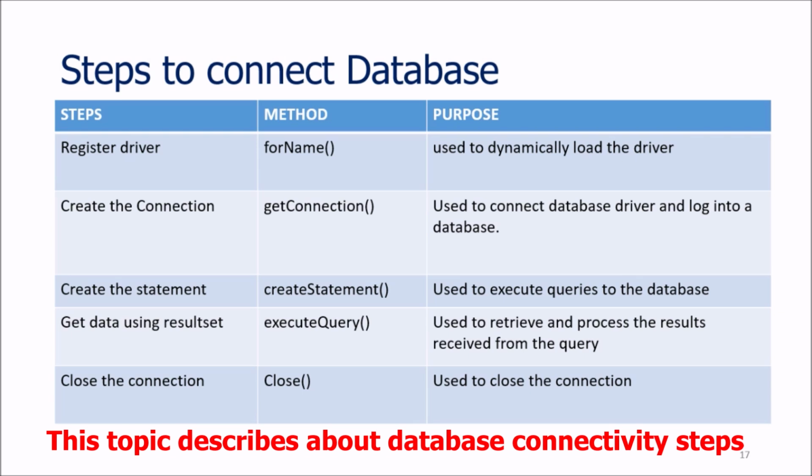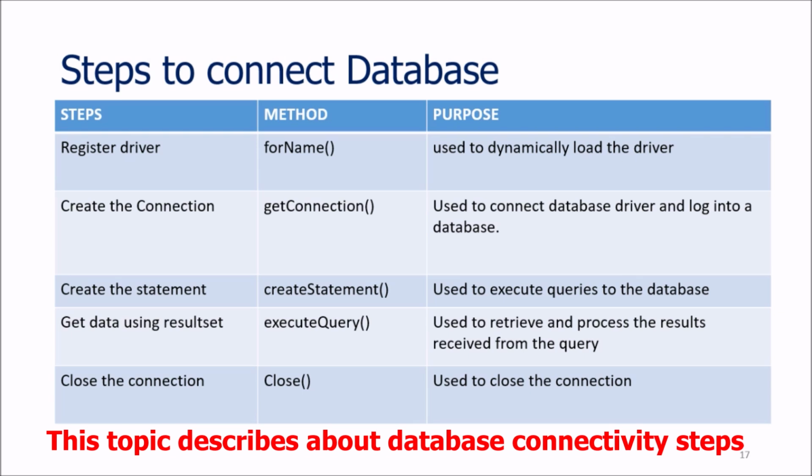And the fourth step is execute query. This method will help to execute the query using the statement object, and the result of this will be stored in the result set object. That will help to retrieve and process the result received from the query.